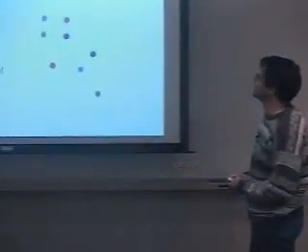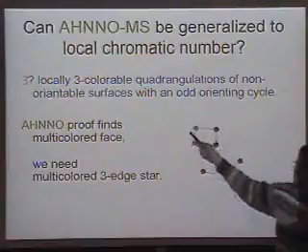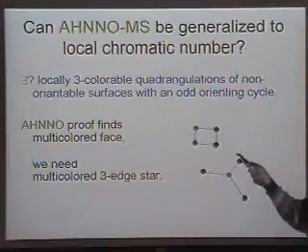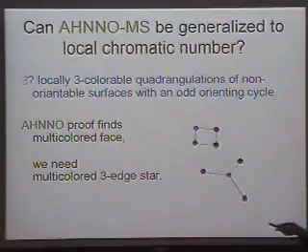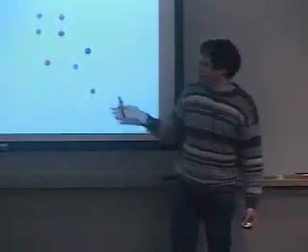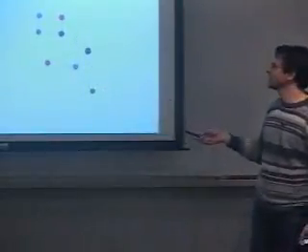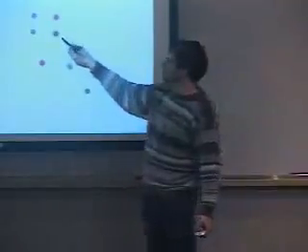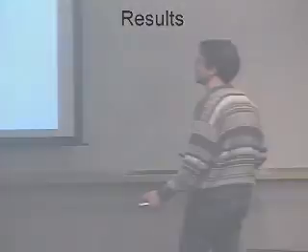What you really want to do is these proofs give you a multicolored face, multicolored circle of size 4. And instead you want to find a multicolor star of size 4. Neither is stronger than the other. These are different things, but somehow this has a simple proof that I just showed you. This seems to be more involved. Forget about that remark.